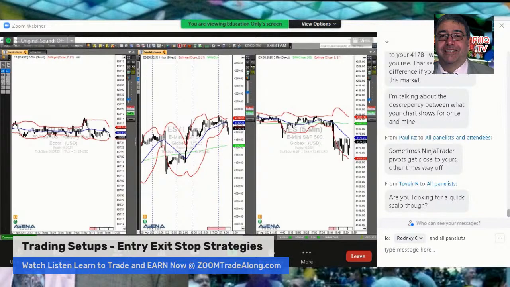I'm looking for opportunities to scalp. Sometimes it's quick. Sometimes it's not. Sometimes we have to hold the trade for a while. That all depends on the trade any given day, or any time you put one on, and what kind of trade is occurring that day. We happen today to have 2 quick opportunities to trade.